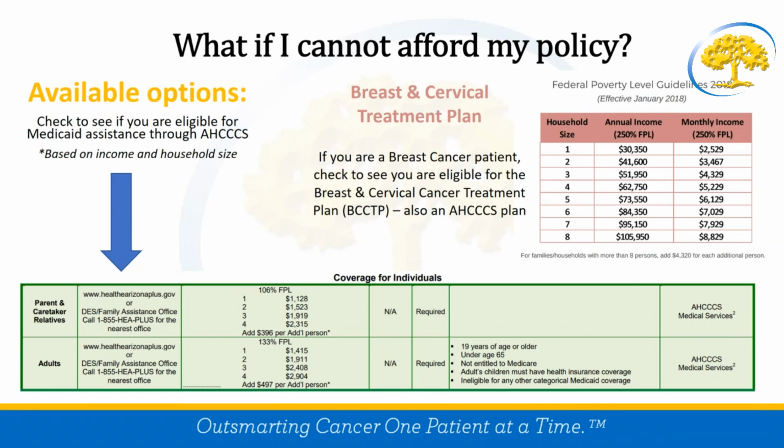Then there is a separate access plan that is specifically for breast and cervical cancer treatment patients, and they have a different income guideline. For instance, you can see they can make up to $3,467 for 2 people in their household.